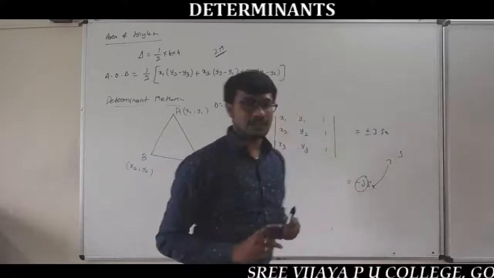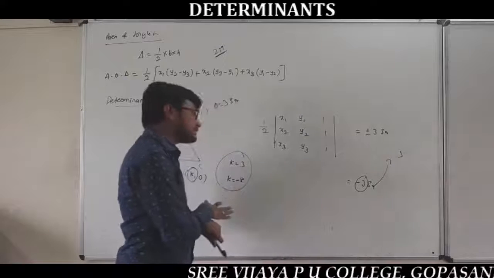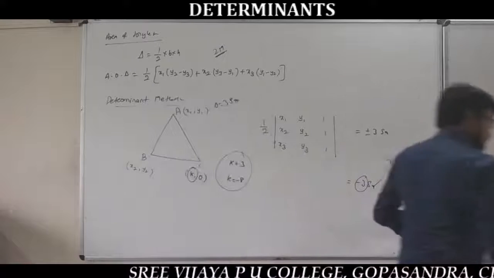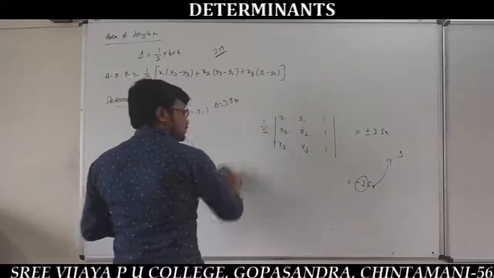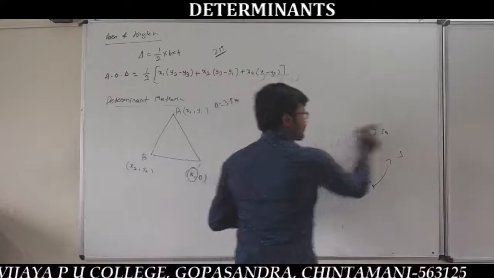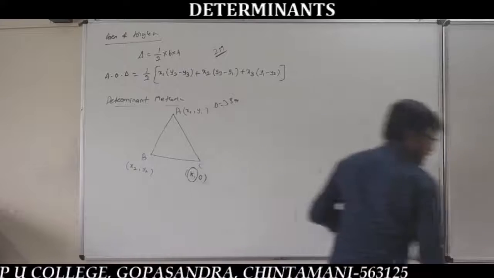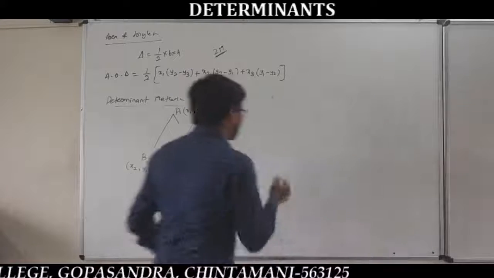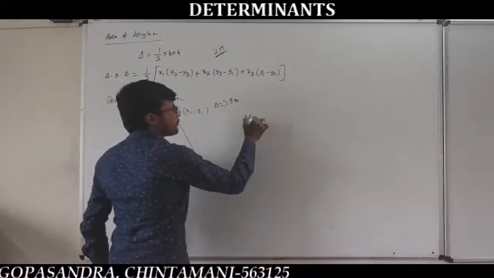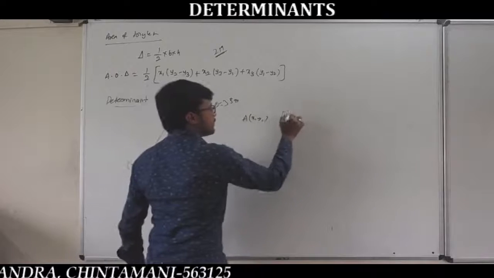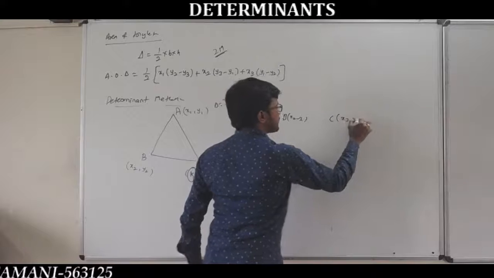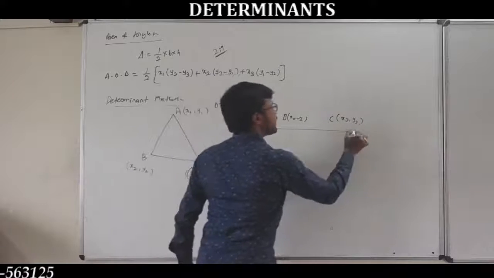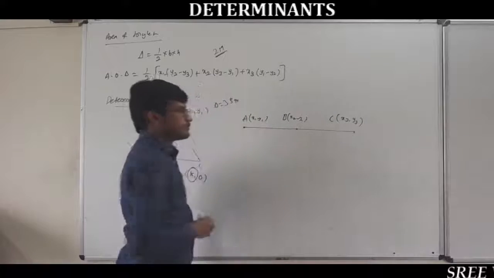And the third concept. What is the third concept? Suppose we need to find the equation of lines of a triangle. They have given A (x1, y1), B (x2, y2), C (x3, y3), and these are lying on the same line.